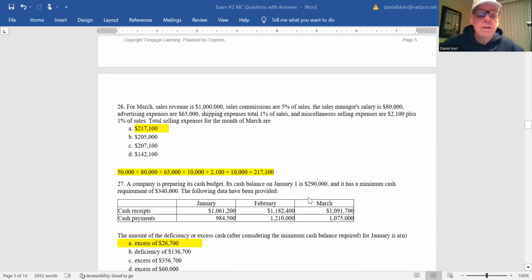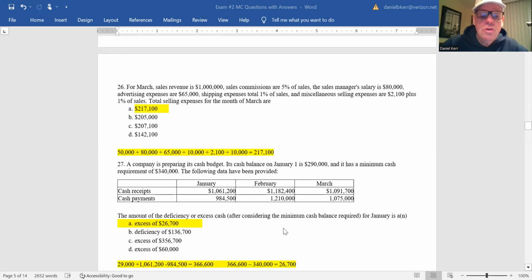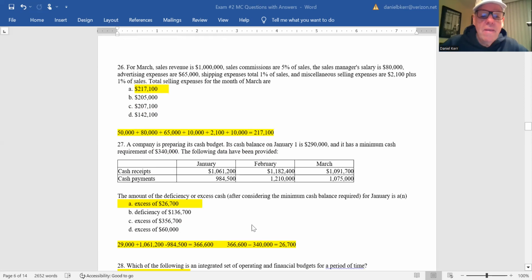Okay, next one, relative to the cash budget. The cash balance is 290,000, and it has a minimum cash requirement of 340,000. The following have been reported. So what they want to know is, what is the amount of the deficiency or excess of cash after considering the minimum balance? So you started out with 290,000, okay, and they're asking us for the month of January.